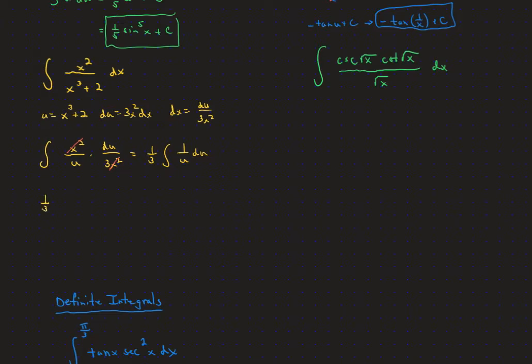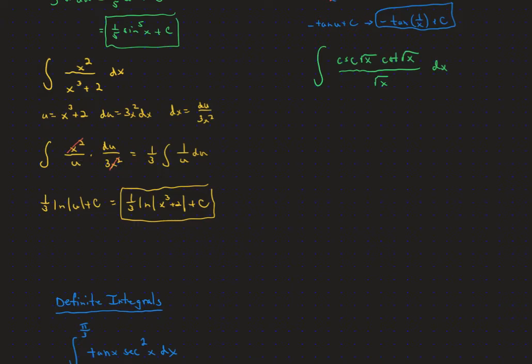So the integral of 1 over u is the natural log of the absolute value of u, and then we'll go back to the x's instead of the u's and get x cubed plus 2 in absolute values plus c. And there's our indefinite integral.